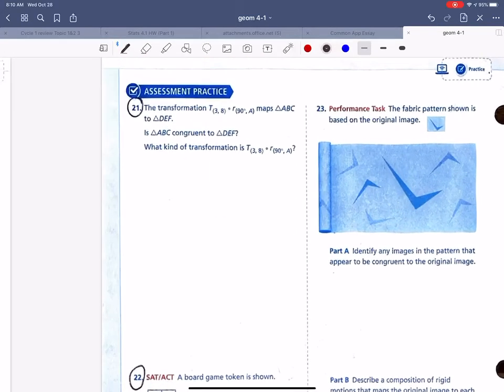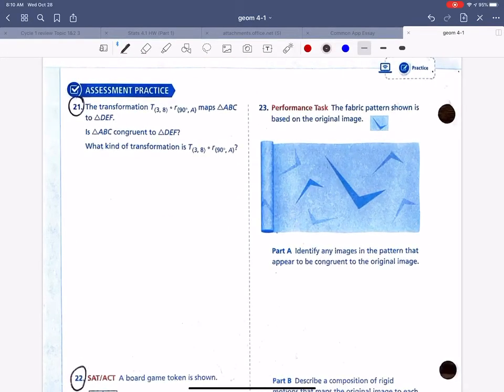So 21 and 22. The transformation, so we got to do this one first. This is rotate, right? 90 degrees about point A, rotate. And then this is translate, 3 to the right and 8 up, because those are positive. So the transformation given here maps ABC to DEF. Is ABC congruent to DEF?